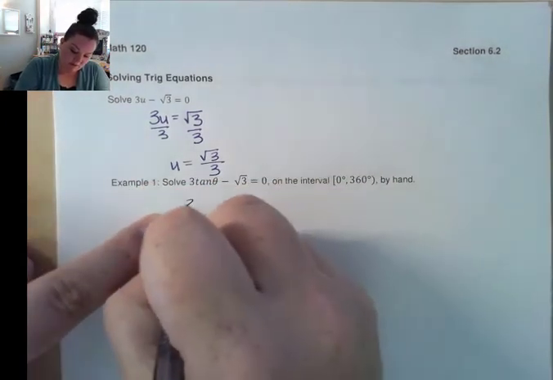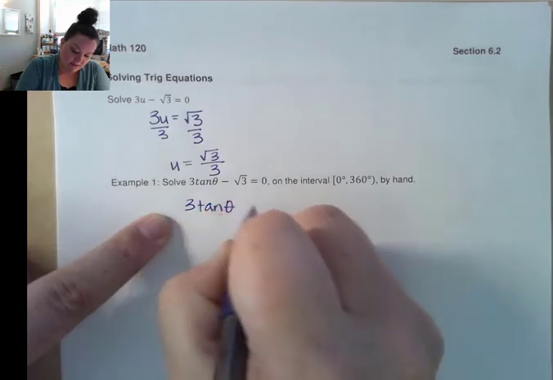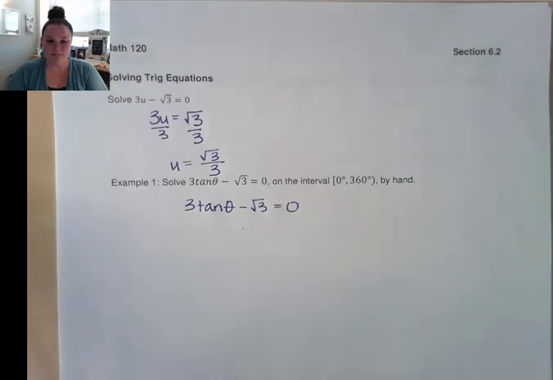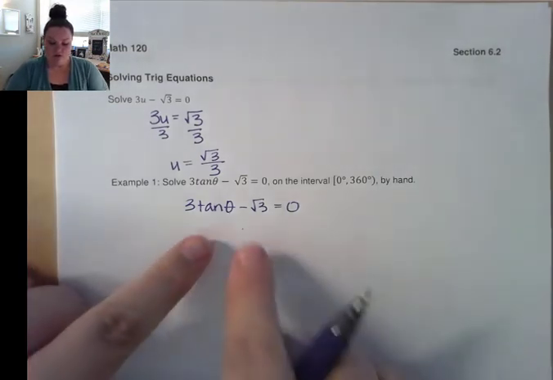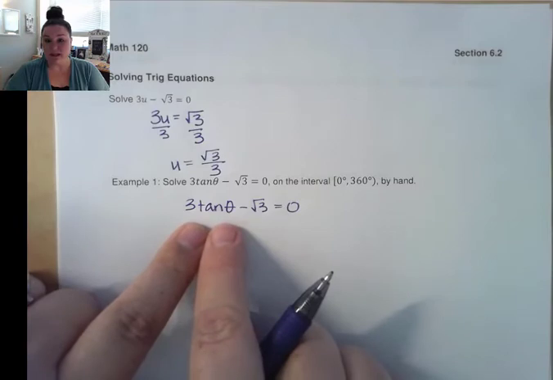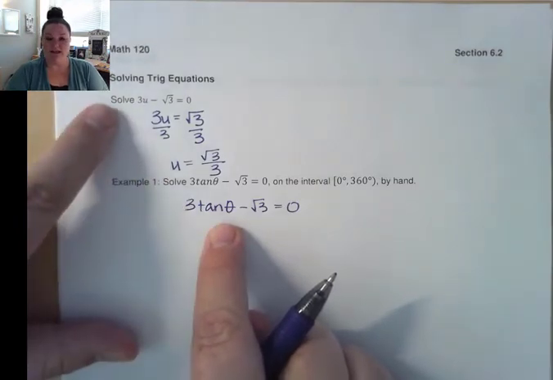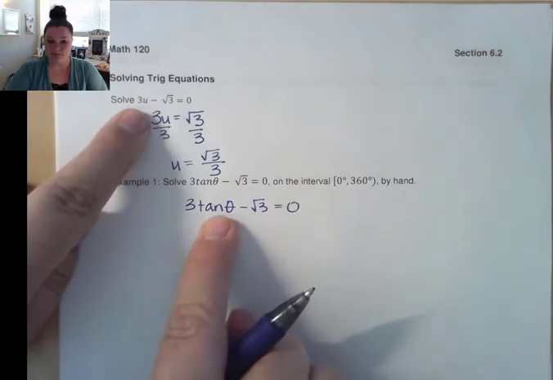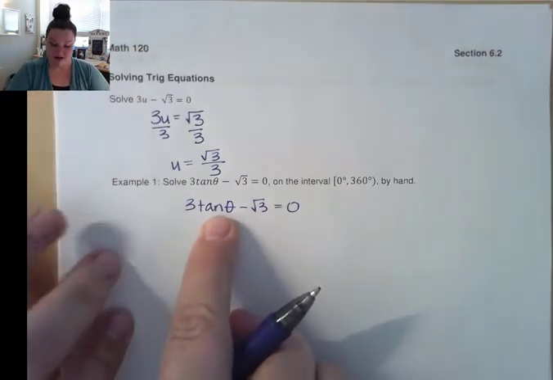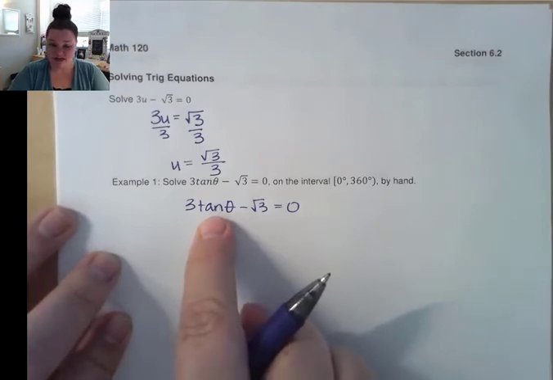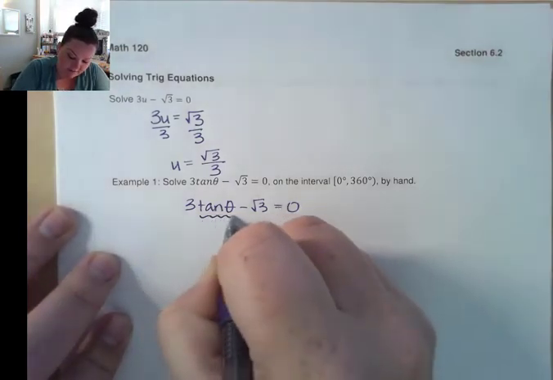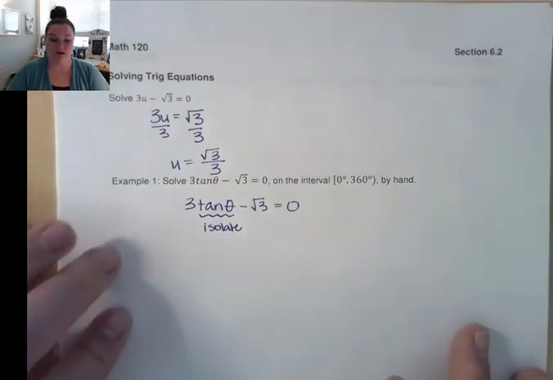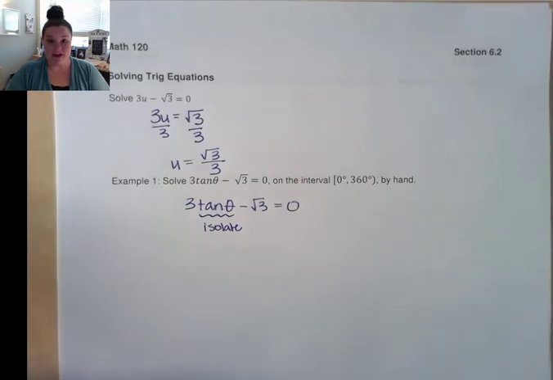So notice this problem is 3 tangent theta minus the square root of 3 is equal to 0, right? The only difference between this problem and the one we just did is that instead of having a u, we have a tangent theta. But we can solve it the same way. This is what I want to isolate, because that's what we want to solve for so that we can figure out what that angle theta actually is.